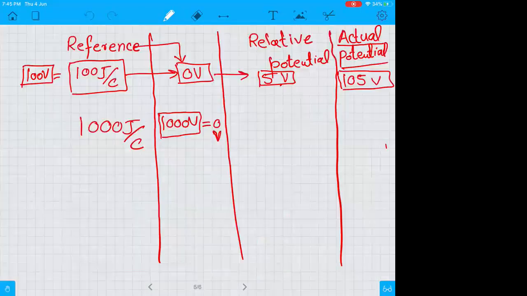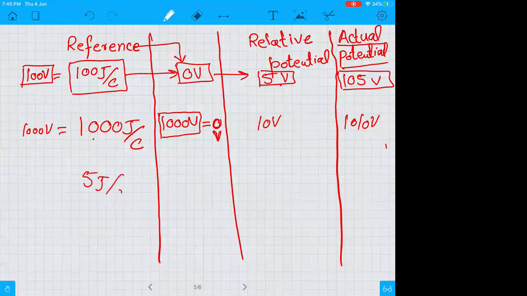Now, if you say this 1000 joule per coulomb, a charge has 1000 volt, and this 1000 volt is taken as earth or reference, then this 1000 volt will represent 0 volt, and a relative potential of 10 volt will be actually 1010 volts. Now, if in a system you say a charge that has 5 joule per coulomb is reference, then this 5 volt is your reference.